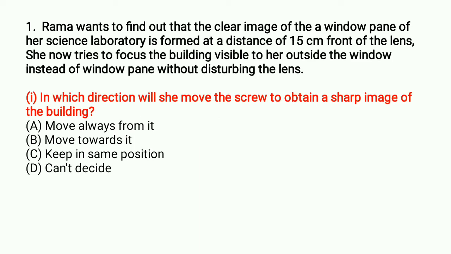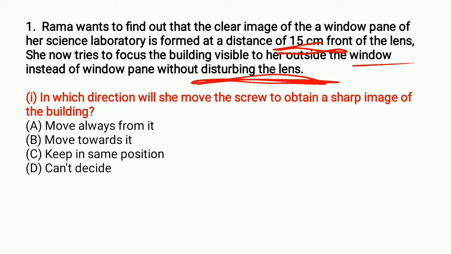Here is the first question. Rama wants to find out the clear image of a window pane of her science laboratory at a distance of 15 centimeter from the lens. She now tries to focus the building visible to her outside the window instead of the window pane without disturbing the lens.